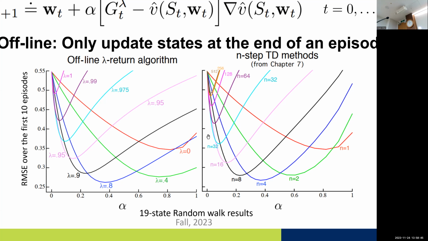Because the lower of this, the error means that the error is small. If you look at here, this is the root mean square error over the first 10 episodes. So if this shape is lower here, it means the overall error is smaller than that one.